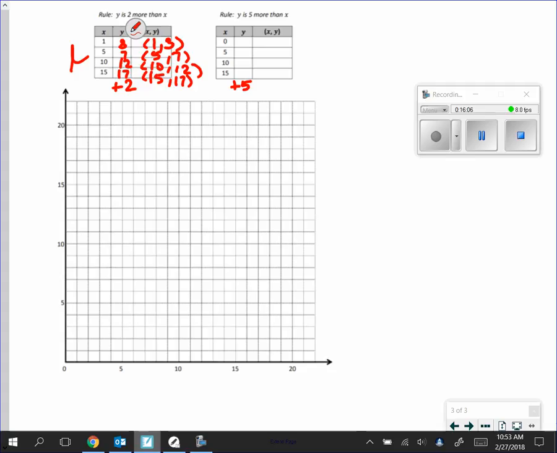So 1, 3. 5, 7. 10, 12. 15, 17. That's line L.